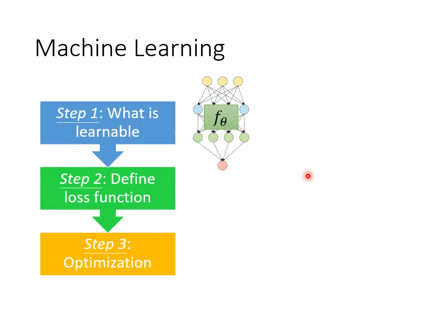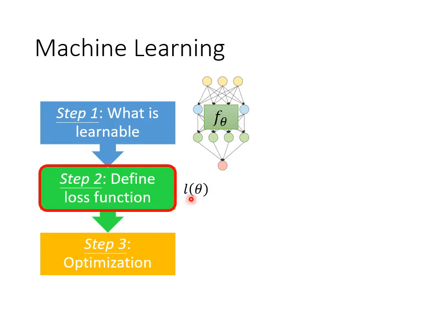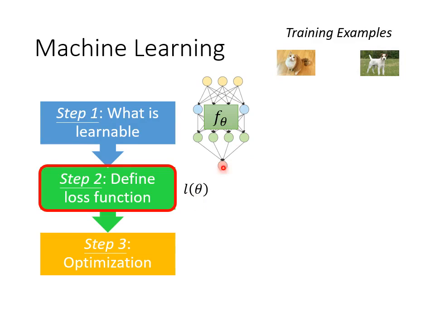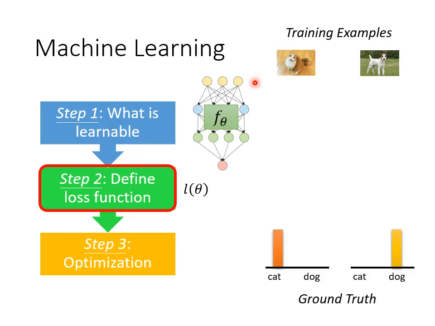The second step is, you have to define your loss function. You need a loss function, which is L of theta here, to determine whether a parameter theta is good or not. In typical supervised learning, you usually define your loss function in this way. You have some training examples. Here you have a set of images of cats and dogs, and you also have the labels of those images.